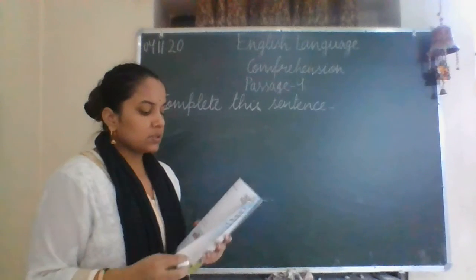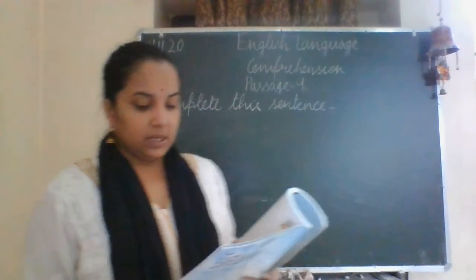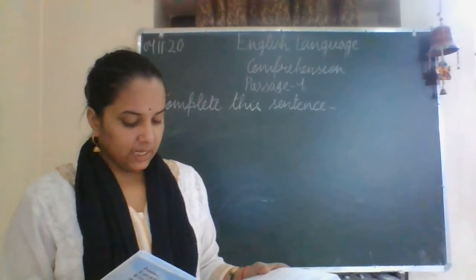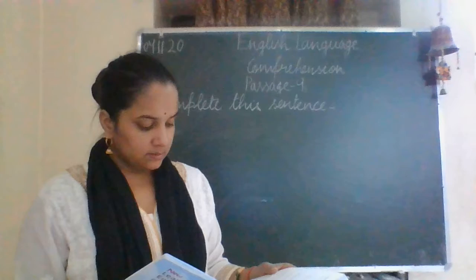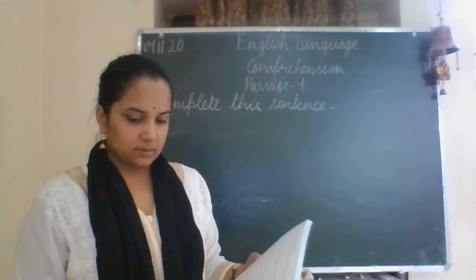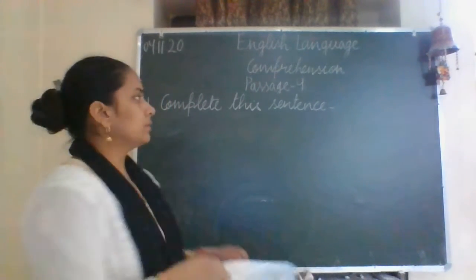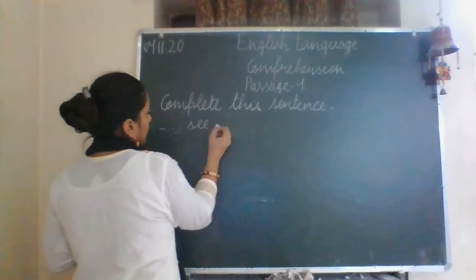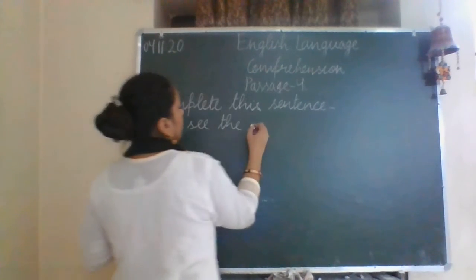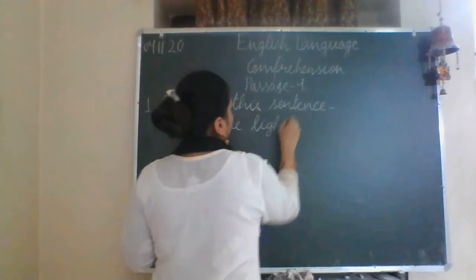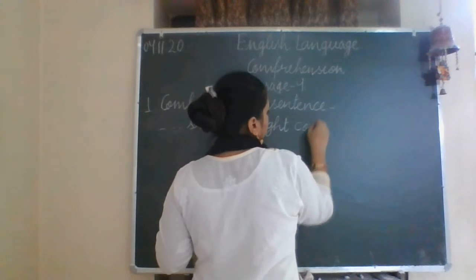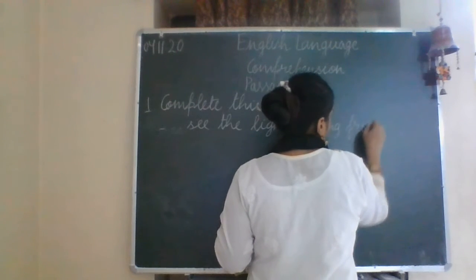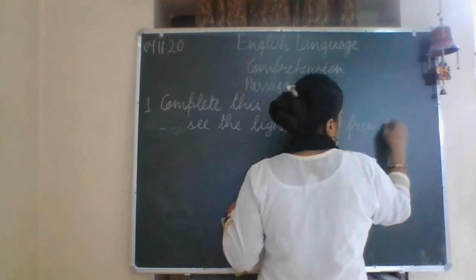The sentence is: when the moon comes between the earth and the sun, we cannot see the light coming from the sun.